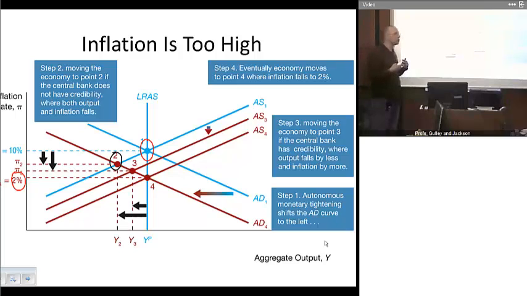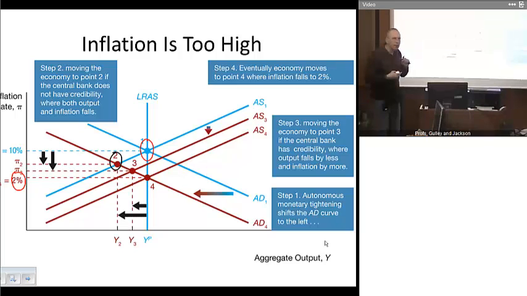We've had to pay a price in terms of lower output and also, along with that, higher unemployment. And the reason that we've had to pay this price is that when the Fed reduced the money supply, suppose they actually announced they were going to do it. They told everybody we're going to reduce the money supply in order to reduce the inflation rate.